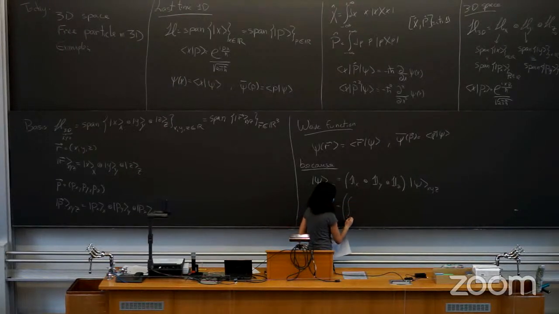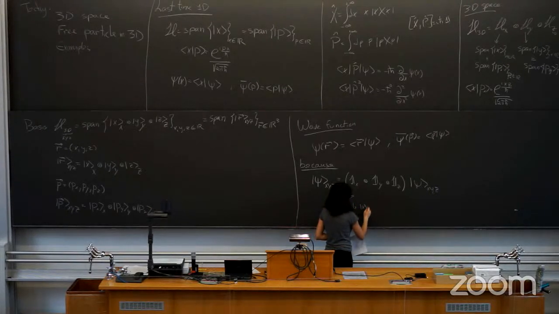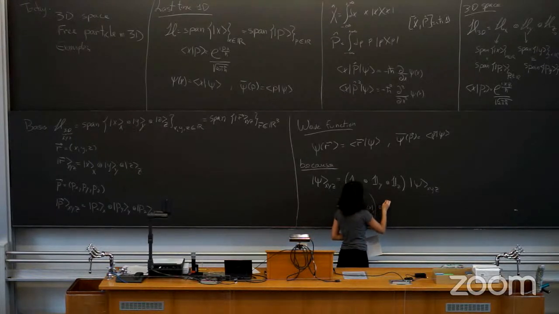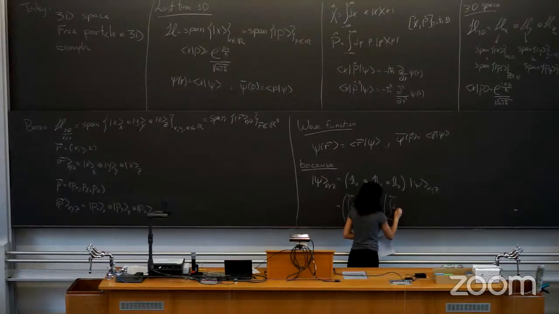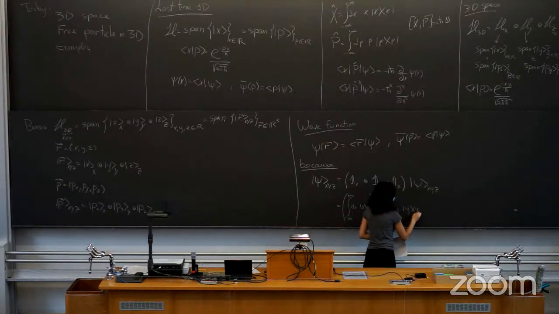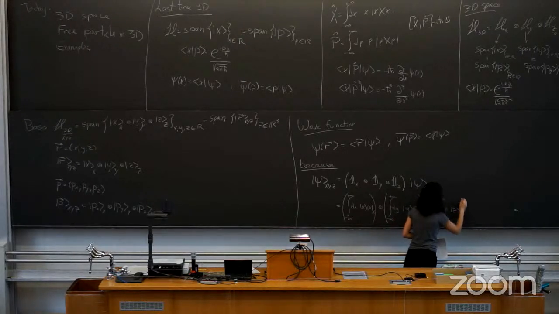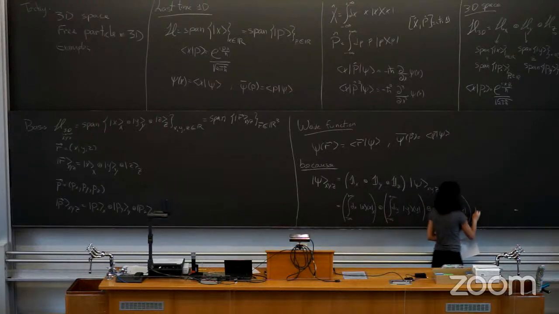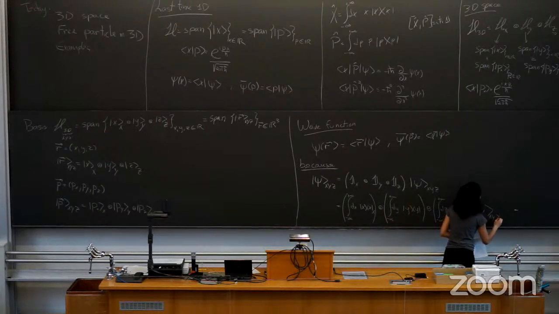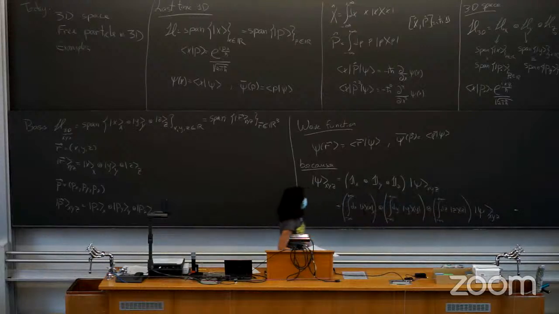So each of them, this is dx, x. So this is in the x space. Another one for dy, y. And another one for dz, z. And now here comes my state. Okay, and now I'll erase the board.